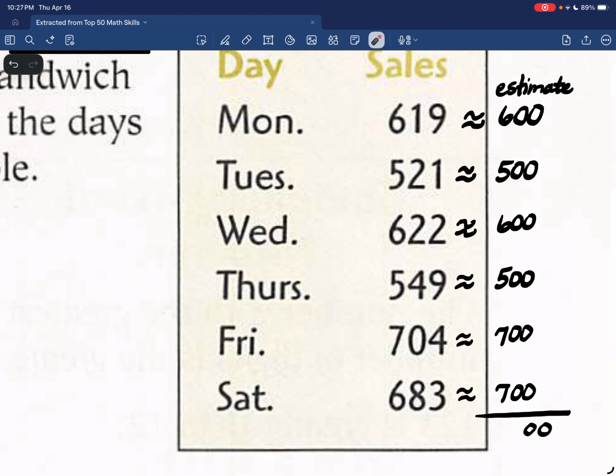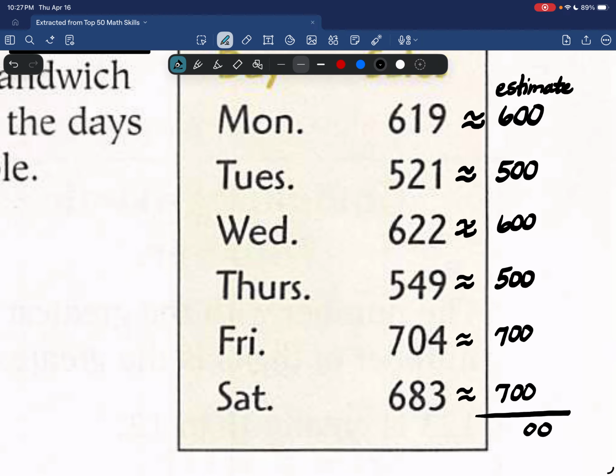So let me walk you through that. 6 and 5 make 11. 11 and 6 make 17. Plus 5 more is 22. 29, 36. So I have just added up those digits to get 3,600.